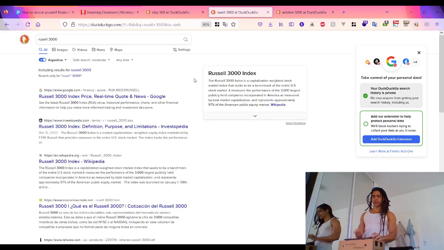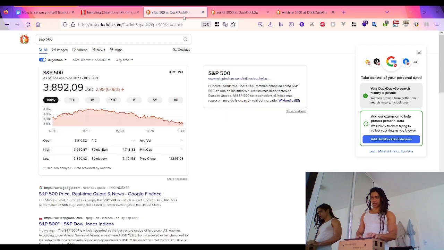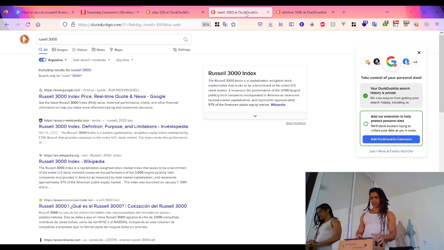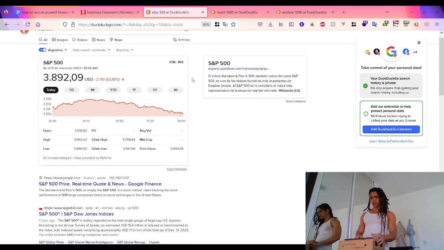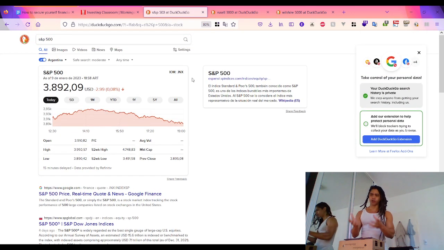The Russell 3000 measures the performance of the 3,000 largest publicly held companies. The Standard and Poor's 500 measures the 500, and the Dow Jones Average measures 30 companies. Again, the whole idea of all of those indexes, according to Morningstar, is to measure progress.